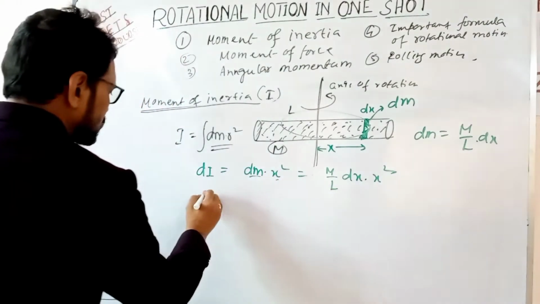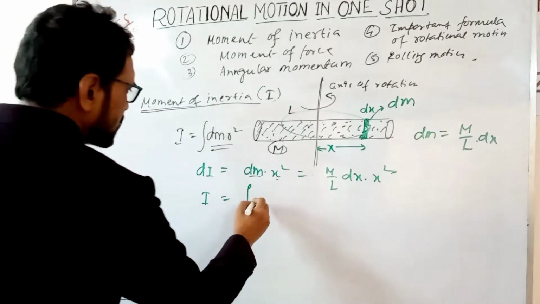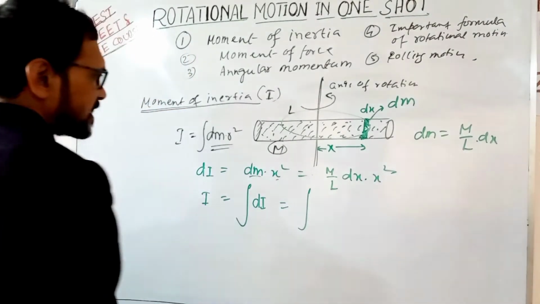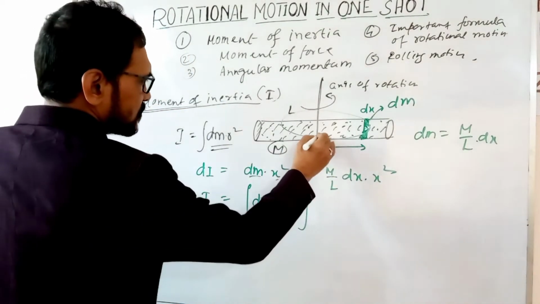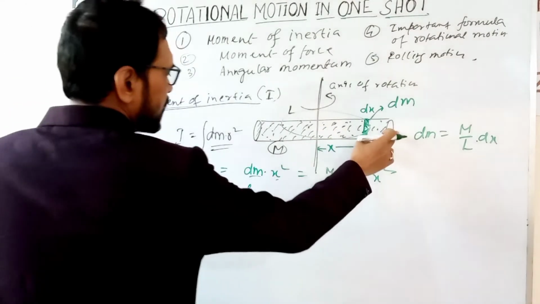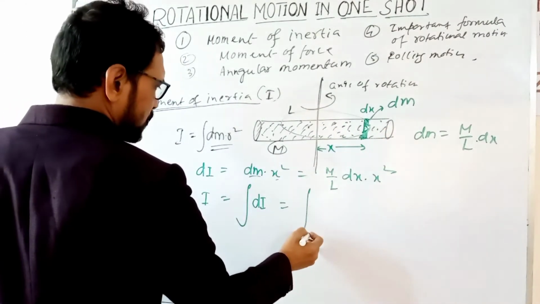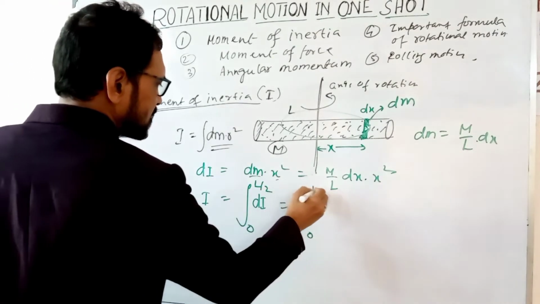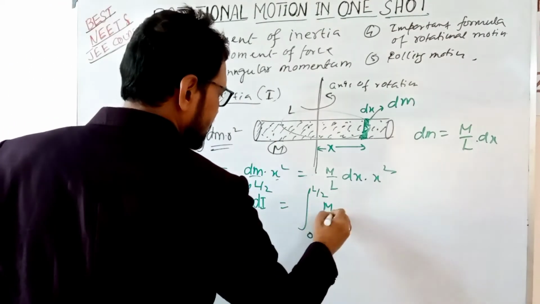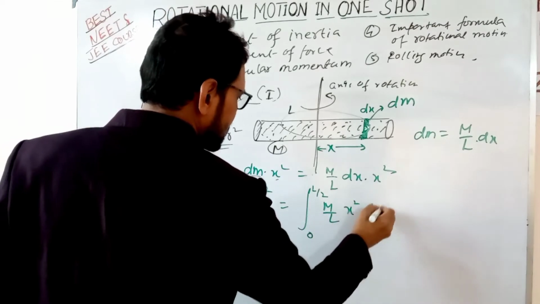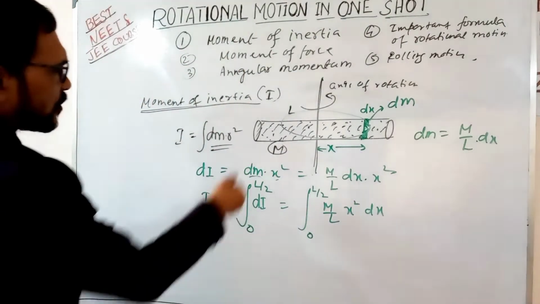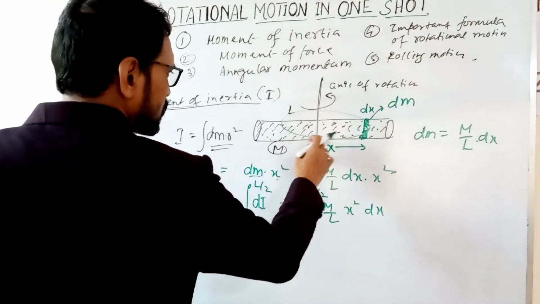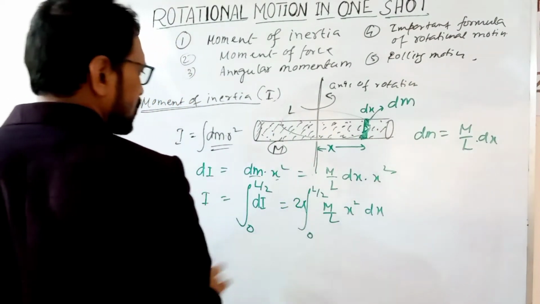Now the total moment of inertia is the integration of dI. Here x varies from 0 to L by 2. If we integrate m by L x square dx from 0 to L by 2, then we have to multiply by 2, because the whole rod is double this portion.